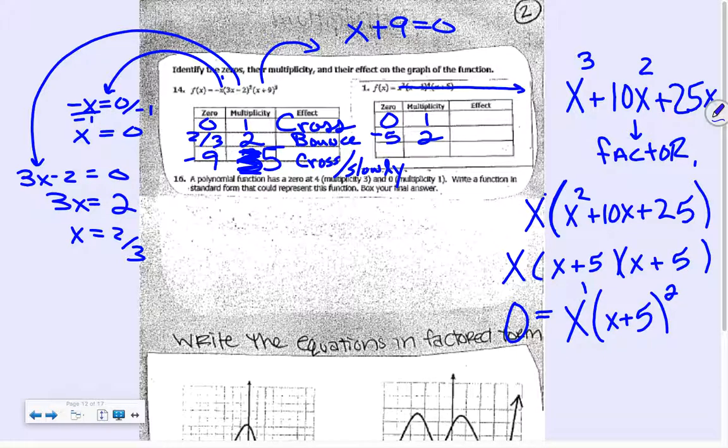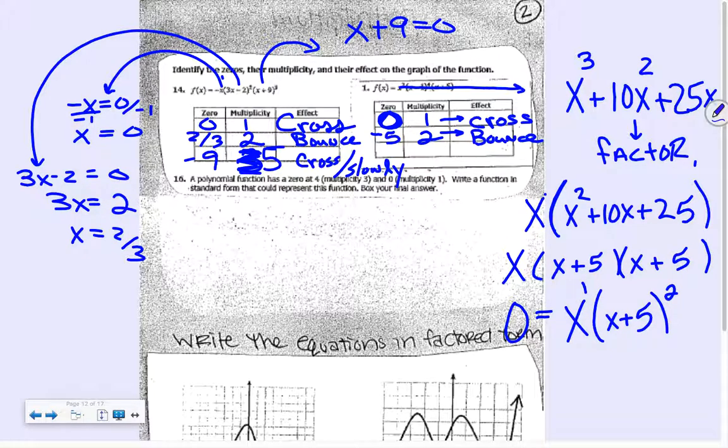And the effect on the graph is cross or bounce. At 0, you will cross the x-axis. At negative 5, because the multiplicity is 2, you're going to bounce. Okay? Good?